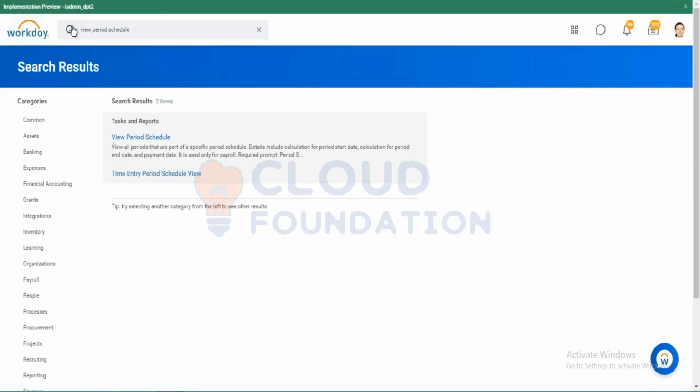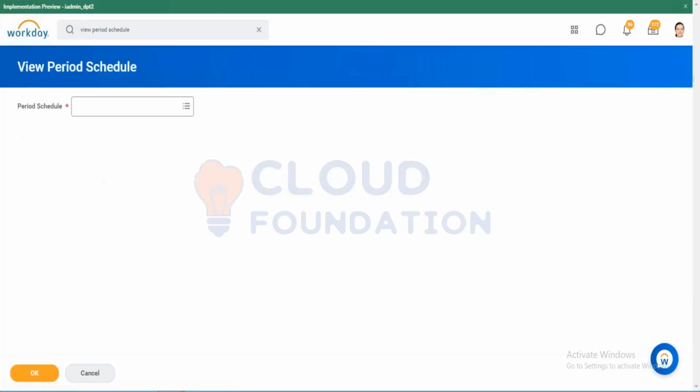This is rolling out the payroll date, payment period start date, period end date. But when it comes to time tracking, there's another significance for this period schedule, which is when the time should be entered, when the time should be logged, when the time should be open again, when the time for that period should be permanently closed. This is the significance in period schedule.